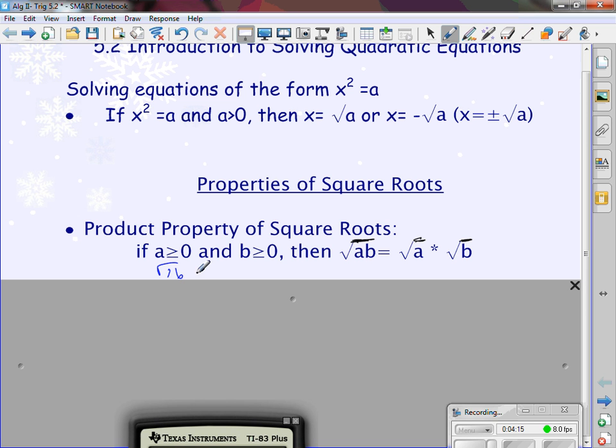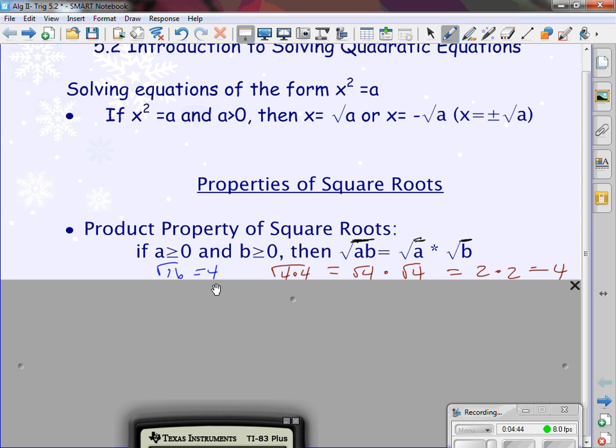What's the square root of 16? 4. But I could think of the square root of 16 as the square root of 4 times 4, right? Which means the square root of 4 times the square root of 4. What's the square root of 4? 2 times 2 equals 4.